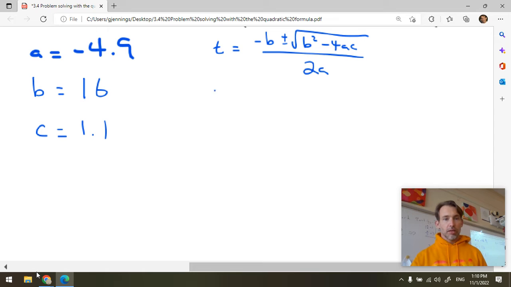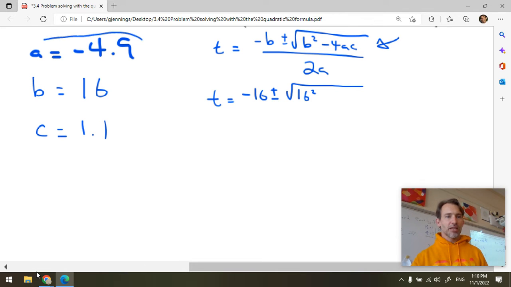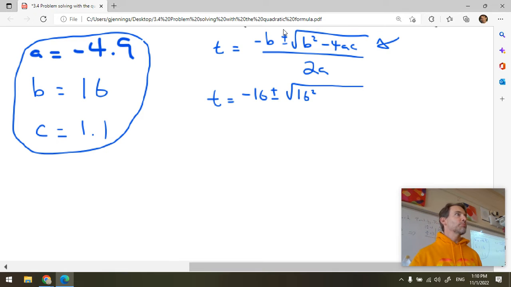So let's go. The time is going to be negative 16 plus or minus the square root of 16 squared. I'm just following this recipe, putting this ingredients list together in the prescribed positions. So just follow your recipe. 16 squared minus 4 multiplied by a.